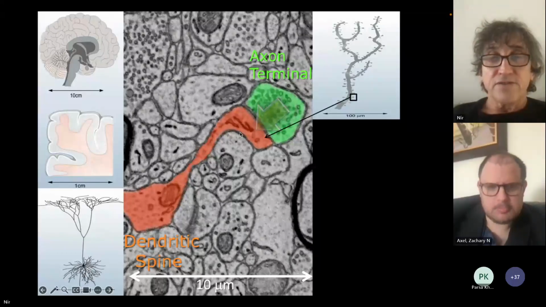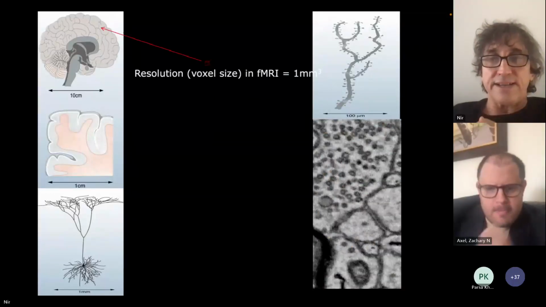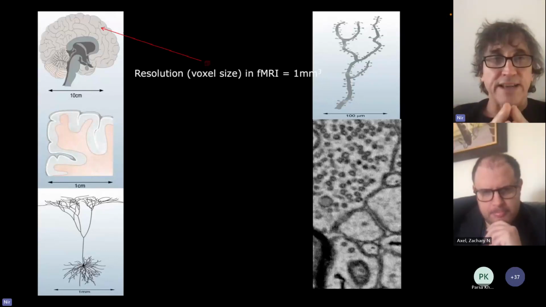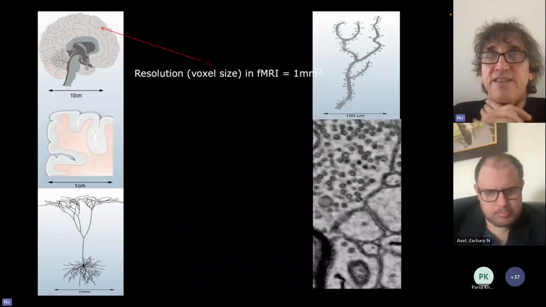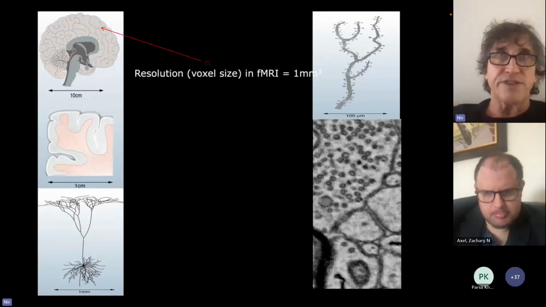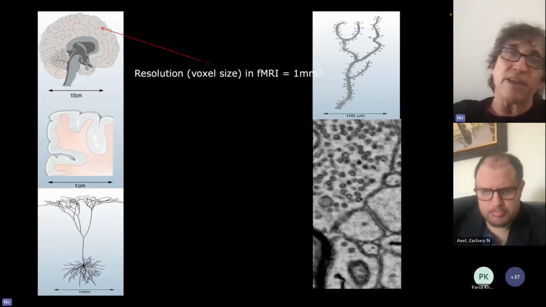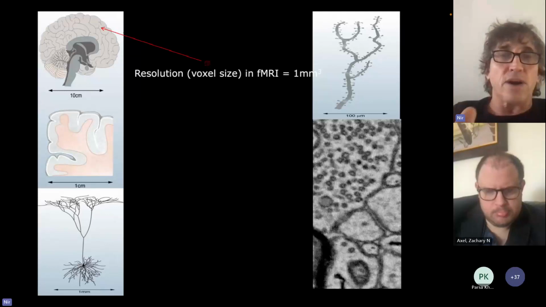So if you want to understand why it's difficult to understand brains at that kind of operational level, it's because of the resolution of, let's say, a voxel in MRI. People take these beautiful images of brains where you see which regions are highlighting when I'm thinking about my favorite movie star and so on.